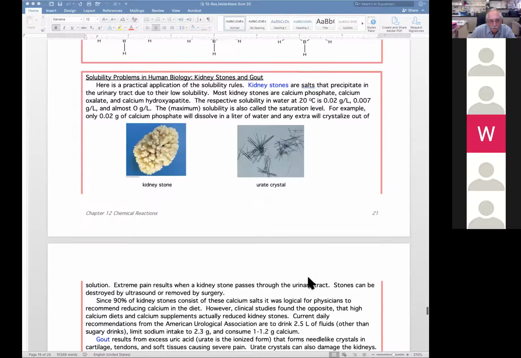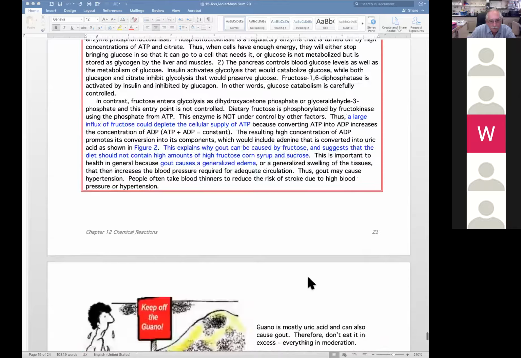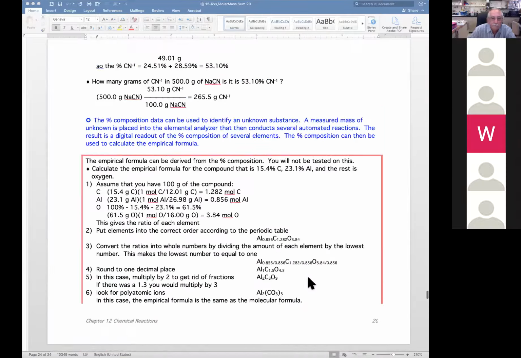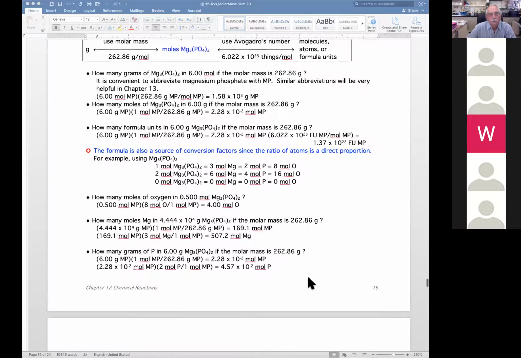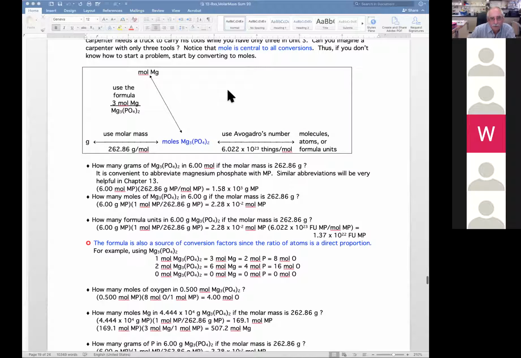Anyway, this is this other example. You don't have a lot of examples and you don't need them. Because if you follow this, you're asked a question and it's a matter of, okay, I got 3 tools in my toolbox. Which one do I use first? It's one of these conversion factors.